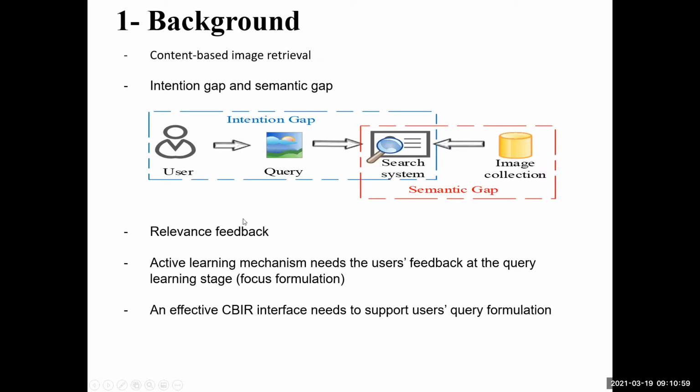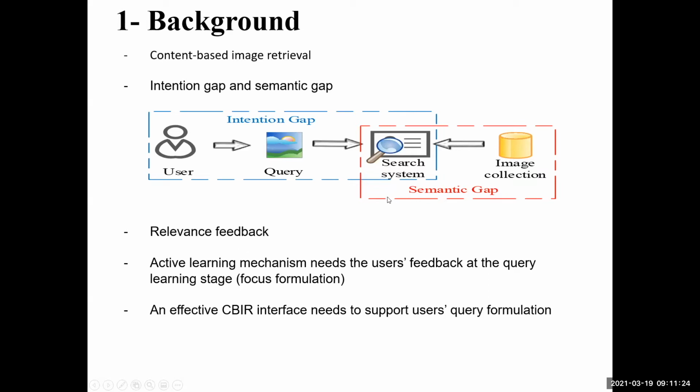Many different techniques have been proposed. One famous technique is called relevance feedback, which essentially refines the original query or modifies the similarity measures. It reweights the top-ranked images to train the classifier or the model.